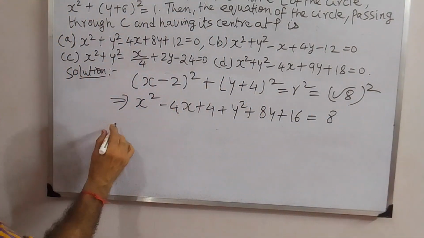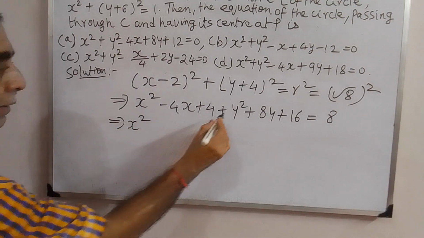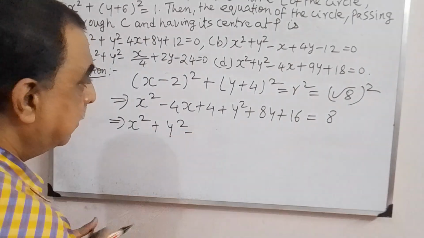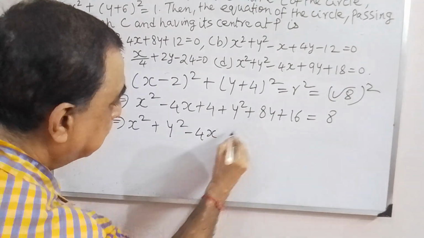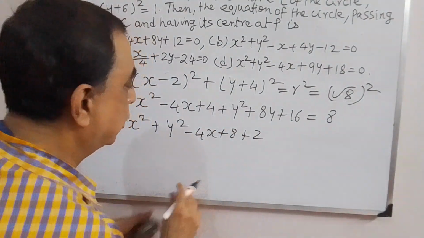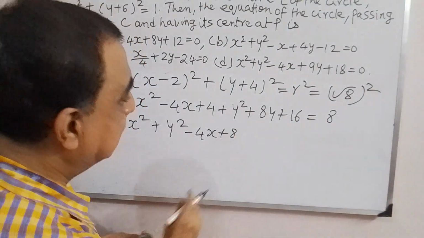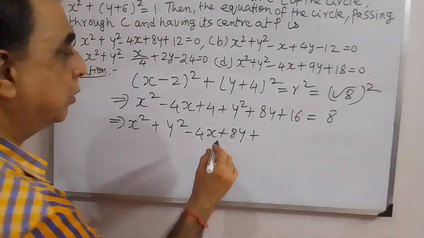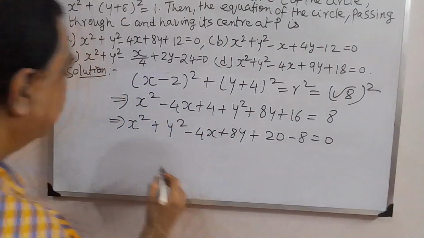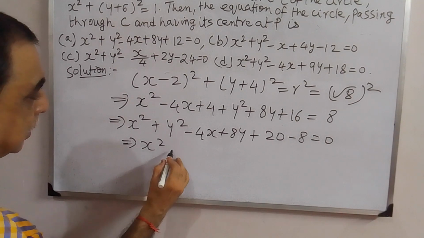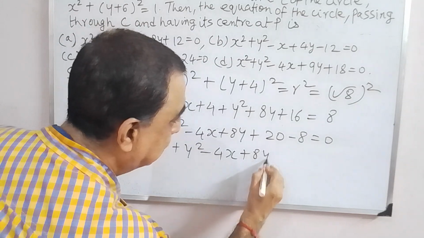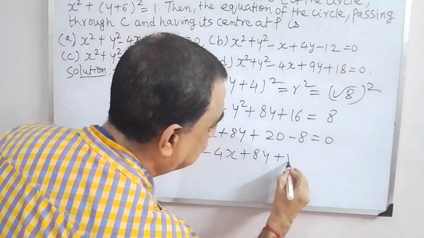Now bring 8 to this side. So this will become x squared plus y squared minus 4x plus 8y, and plus 4 plus 16, 20, minus 8 is equal to 0. So here it will become x squared plus y squared minus 4x plus 8y, 20 minus 8 is plus 12.